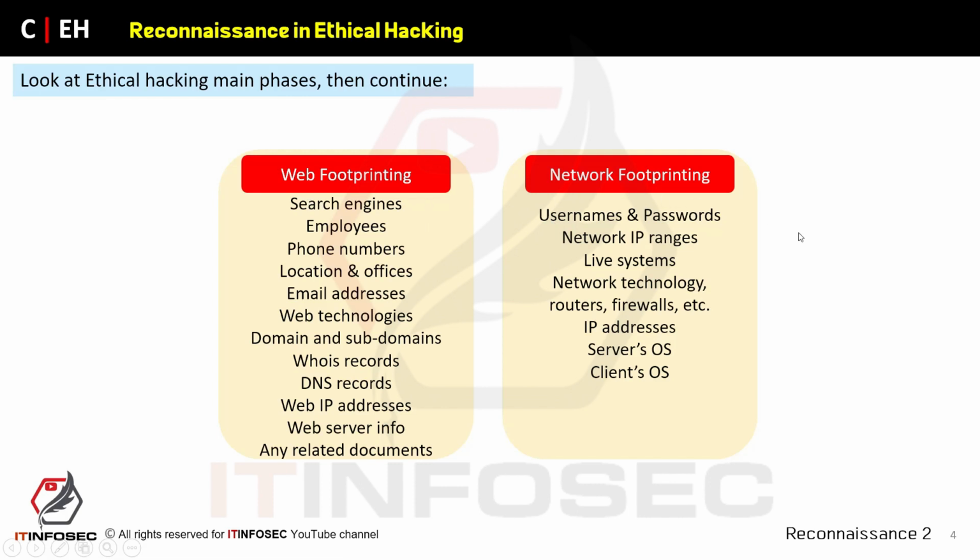And the second type is network-based footprinting. Maybe you need to get usernames and passwords, and the network IP range. Maybe you need to list the live systems, and know the network technologies or network security technologies such as routers, switches, firewalls, IP addresses, and so on.